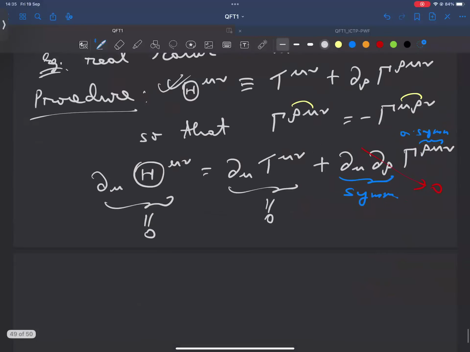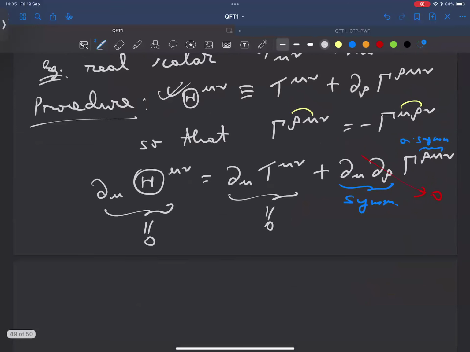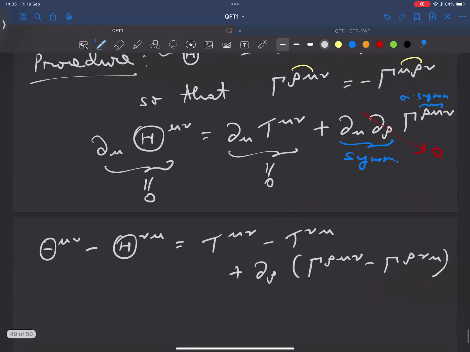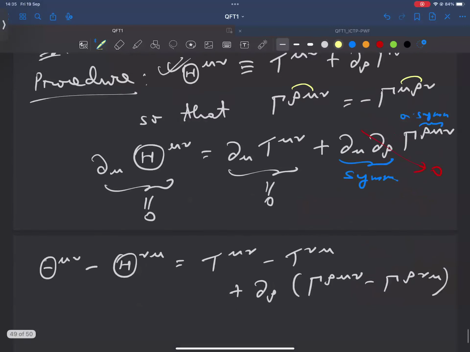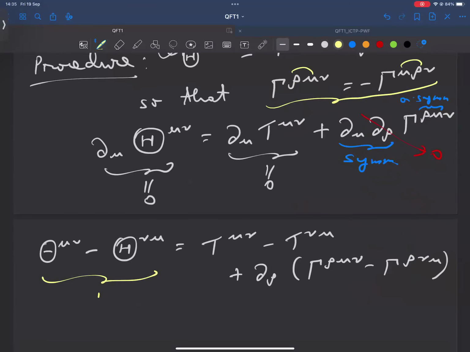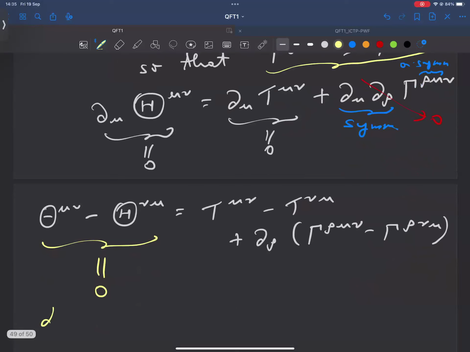And now for the symmetric part, what you can do is take theta mu nu and subtract its antisymmetric part, minus theta nu mu. That gives you T mu nu minus T nu mu plus del rho of gamma rho mu nu minus gamma rho nu mu. Okay. Now, because this is the only restriction that we are demanding on gamma, we can set this to 0 by demanding that this equation holds.